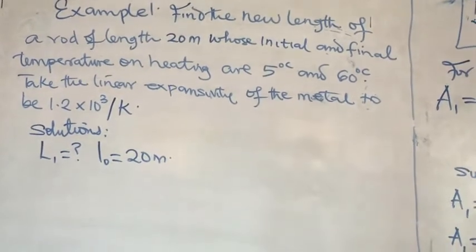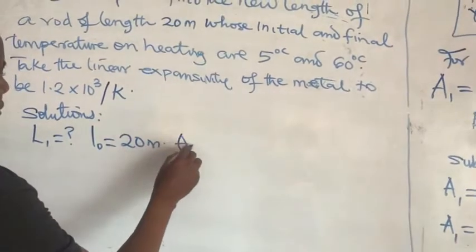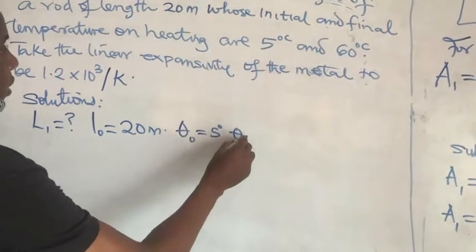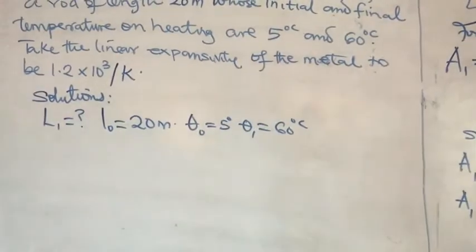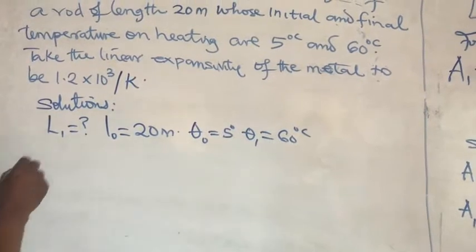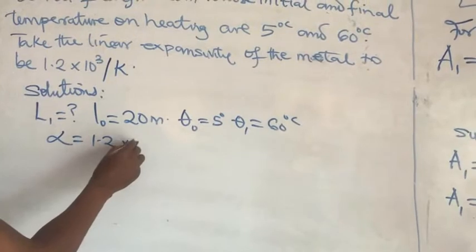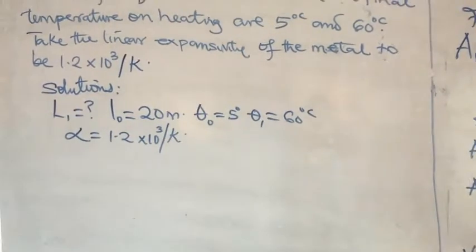Whose initial and final temperature are 5 and 60, which means theta 0 is 5, while the new theta is equal to 60 degrees Celsius. And they gave us the linear expansivity, which is alpha, to be 1.2 times 10 to the power minus 3 per Kelvin. So let's write the equation down.